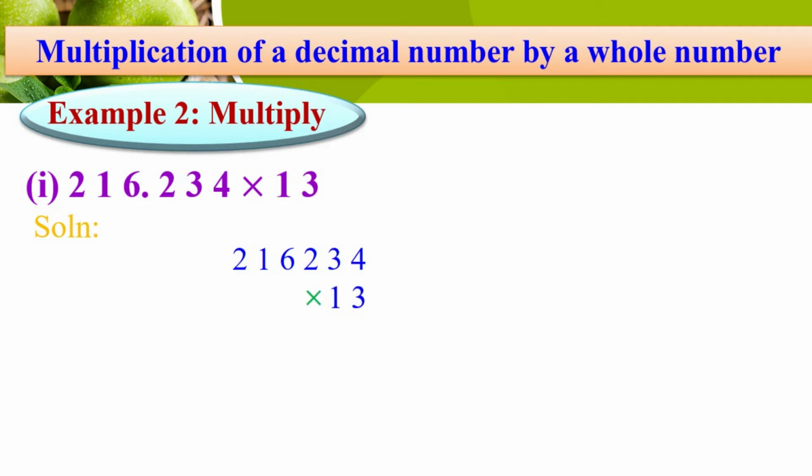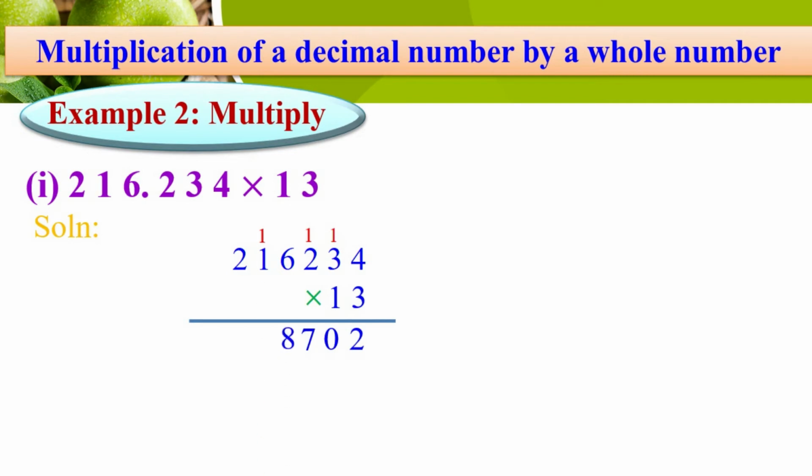Let's multiply. Take the 3 table. 4 3s are 12. Place 2. Carry 1. 3 3s are 9. 9 plus 1, 10. Place 0. Carry 1. 2 3s are 6. 6 plus 1, 7. 6 3s are 18. Place 8.